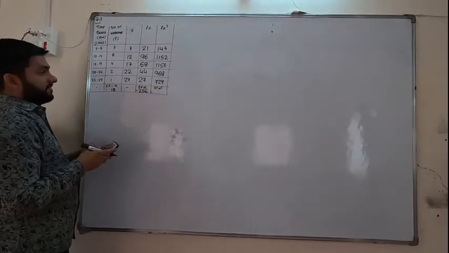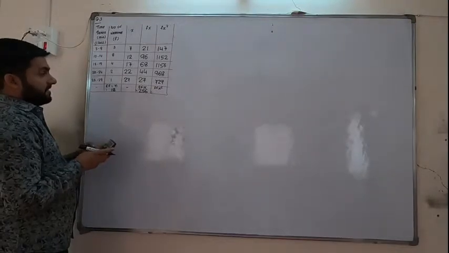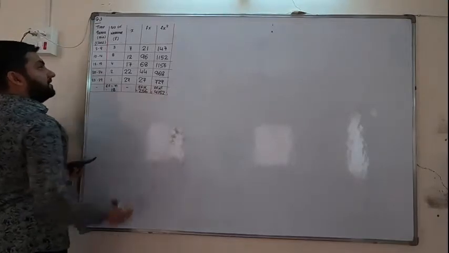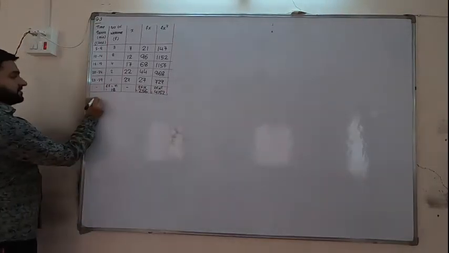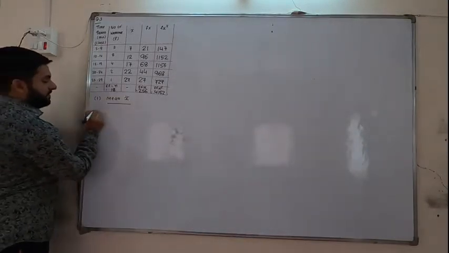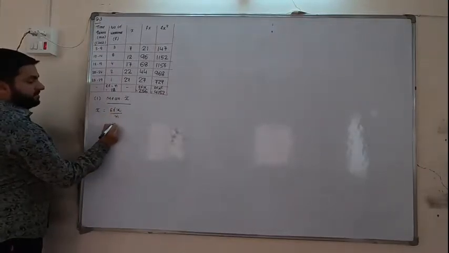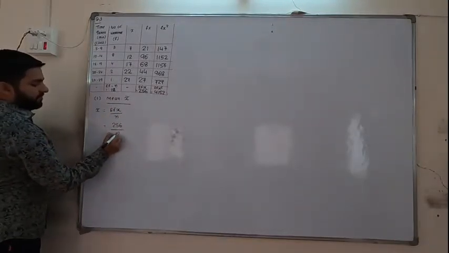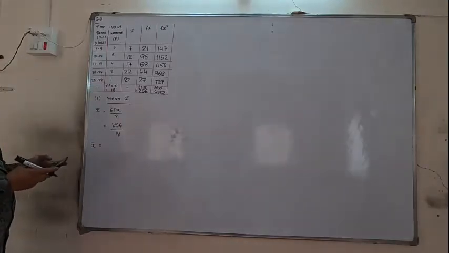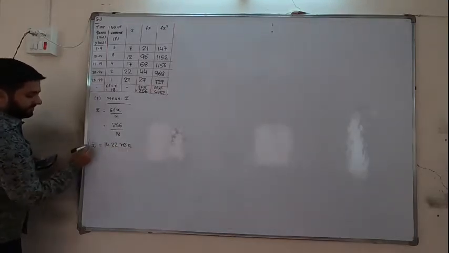Now 147, 1152, 1156, 968, 729 total 4152. Now the measures. First measure required is mean x bar. x bar is equal to sigma fx upon n, which is 256 by 18, so x bar is 14.22 minutes.